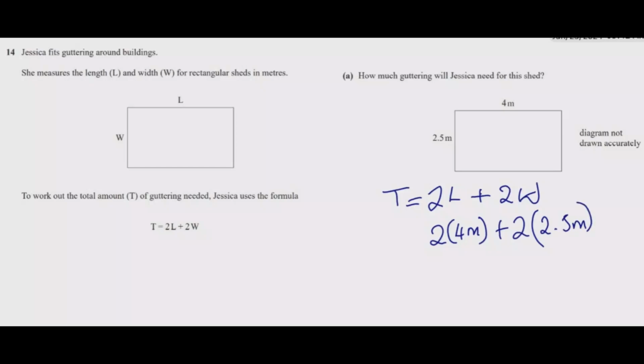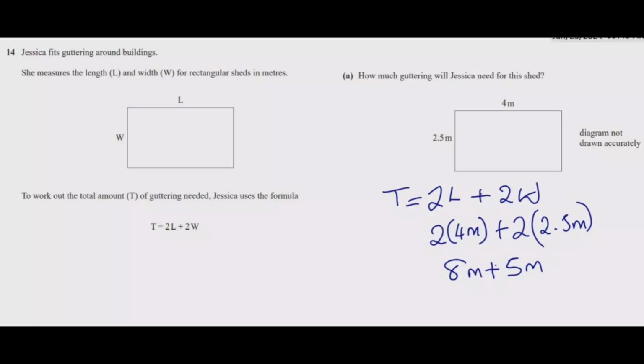Okay, so when we multiply 2 times 4 meters, we will get 8 meters, plus 2 times 2.5 meters, we'll get 5 meters.